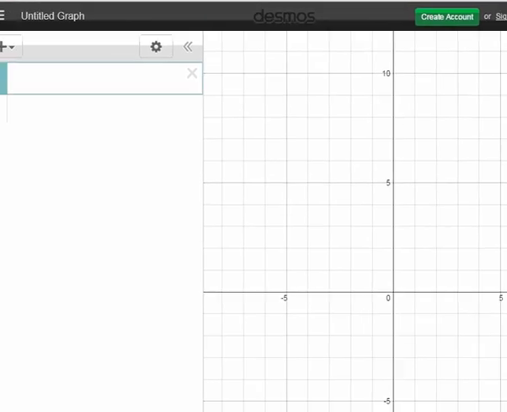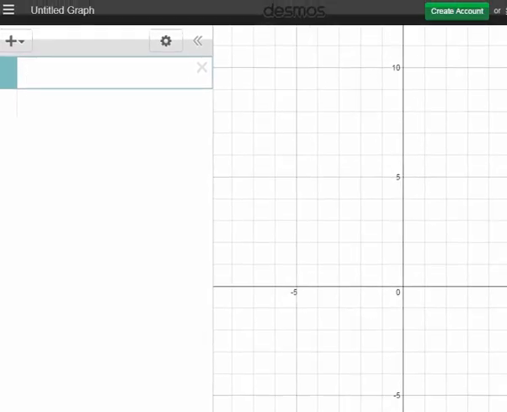They want us to figure out what our zeros are. So I'll go ahead and call it P of x. You can even call it y equals if you want.